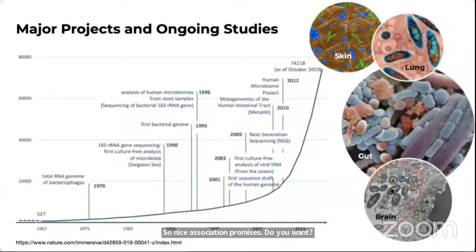There are significant advancements and major initiatives in acquiring microbial metagenomics data from several different parts of the human body. These studies have made data sets possible to get from gut, which is a popular resource, and skin, lung, and even sometimes brain.